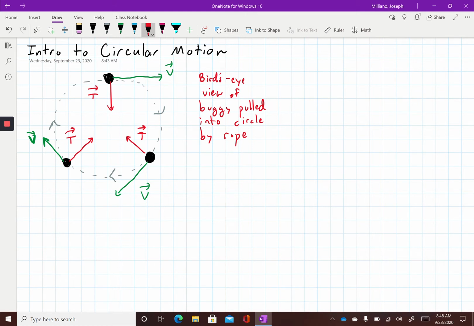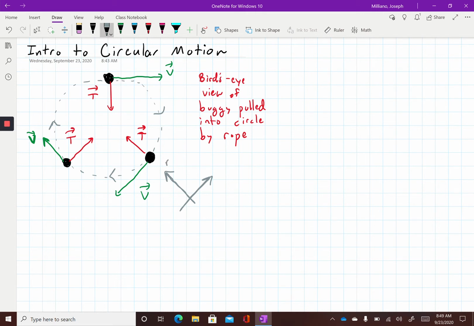Due to just the nature of these vectors that we've drawn so far, it'll be helpful to choose a special reference frame anytime we're talking about circular motion. We should choose the reference frame where one of our axes points radially inward toward the center of the circle, and our other axis points tangential to the circle, at a tangent.